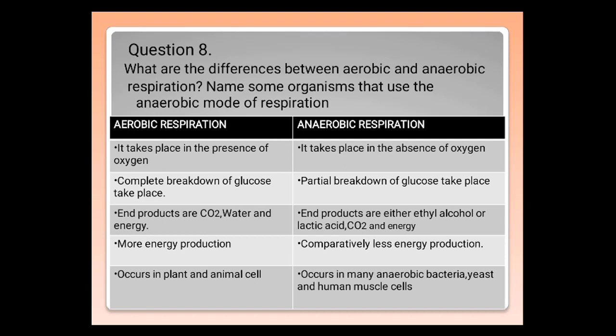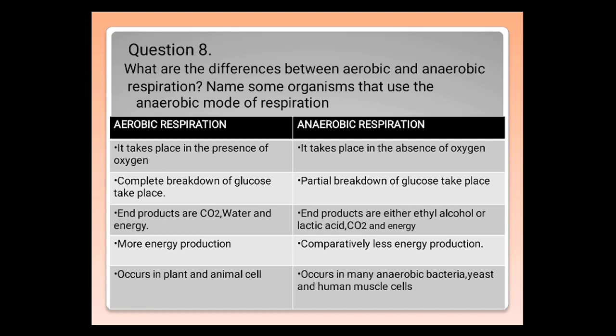In aerobic respiration, complete breakdown of glucose takes place, whereas in anaerobic respiration, only partial breakdown of glucose takes place. Next point. In aerobic respiration, the end products are carbon dioxide, water, and energy, whereas in anaerobic respiration, the end products are either ethyl alcohol or lactic acid, carbon dioxide, and energy.